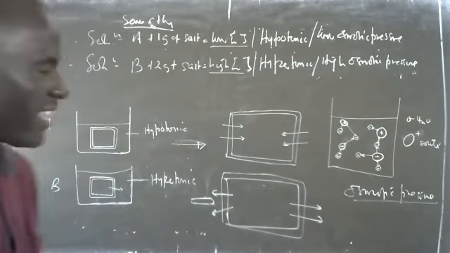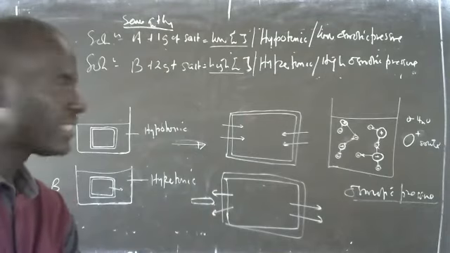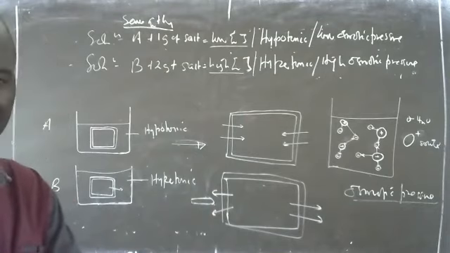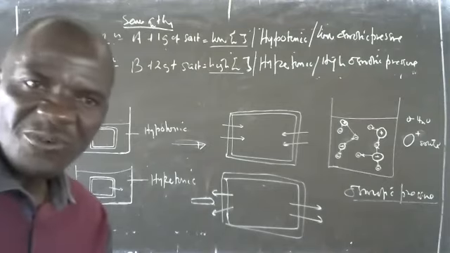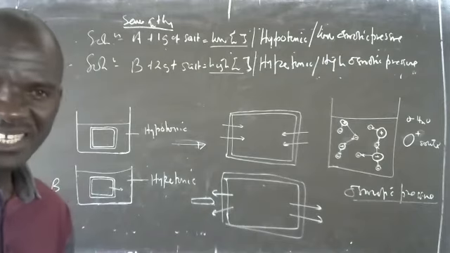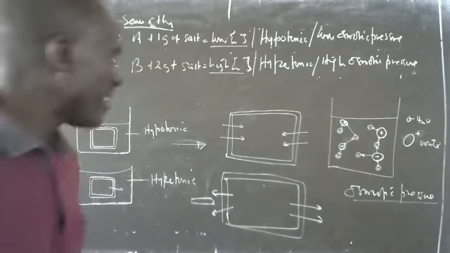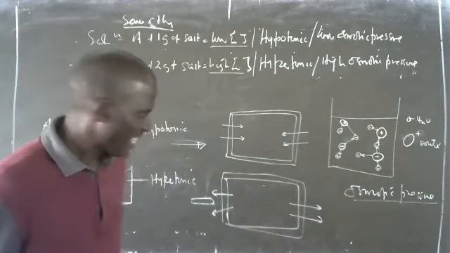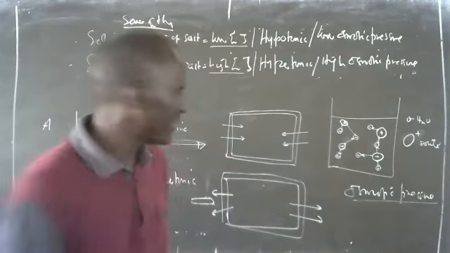Now, there's another term here. There's what is called water potential. I think we ever talked about that. Water potential is not talking about the number of water molecules in the solution, but technically it's talking about the number of free water molecules in the solution.